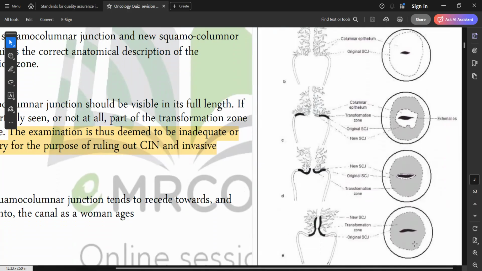Okay? So this is why we have the colposcopy. We are going to have a look over this area, and we are going to write down any notes. This is, of course, the job of the colposcopist.